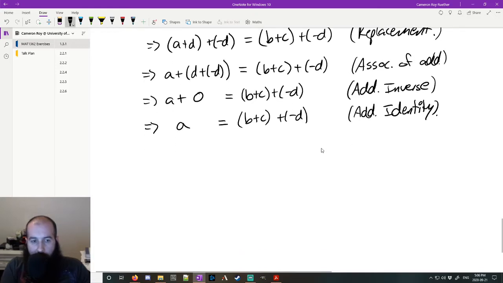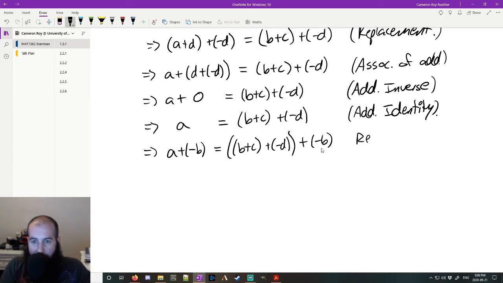Now we have to add an inverse of b to both sides. Which is another replacement. Replacing the a in this expression with what we know it's equal to from the previous equality.